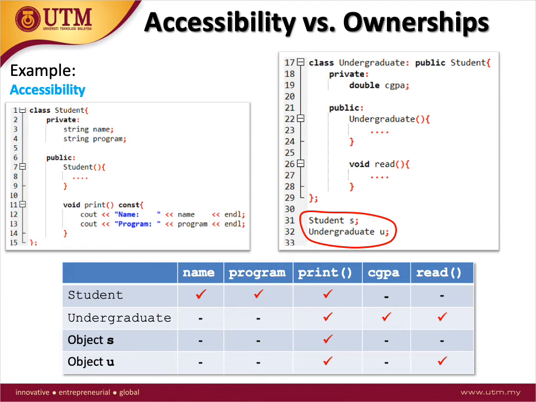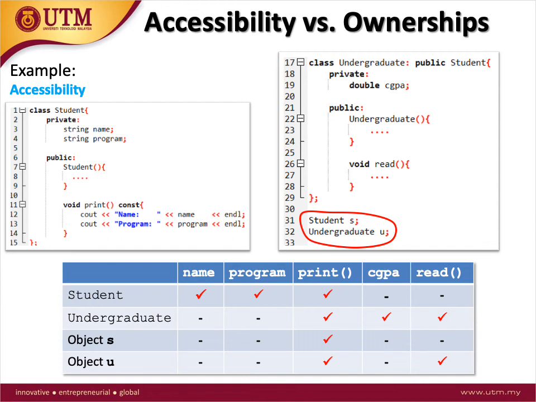For object S, the object of Student, it cannot access the private members name and program, but it can access the public print method. The object also cannot access the derived class members CGPA and read.